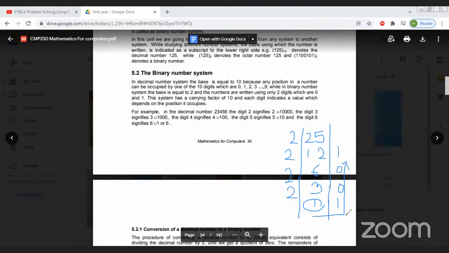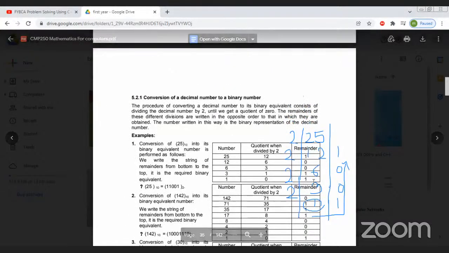You have to start from downwards to upwards. So the binary number for 25 is 11001. Let's check the answer in the textbook. See, 11001. Did you all understand this?